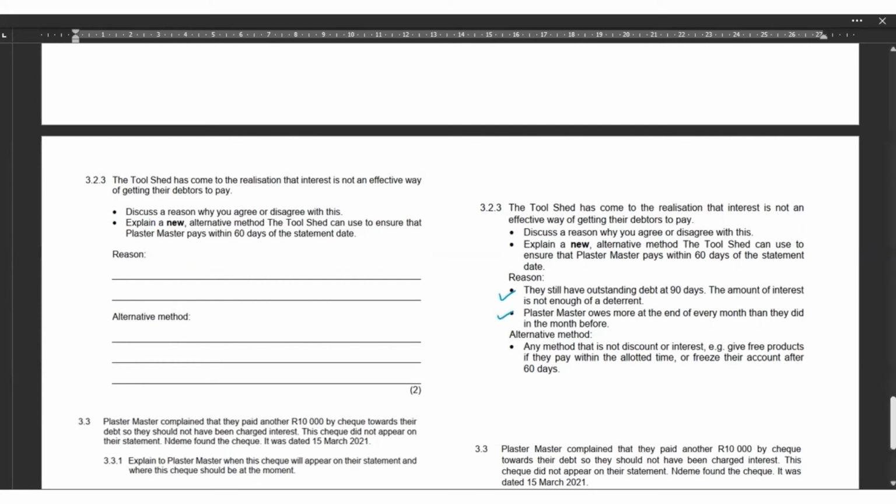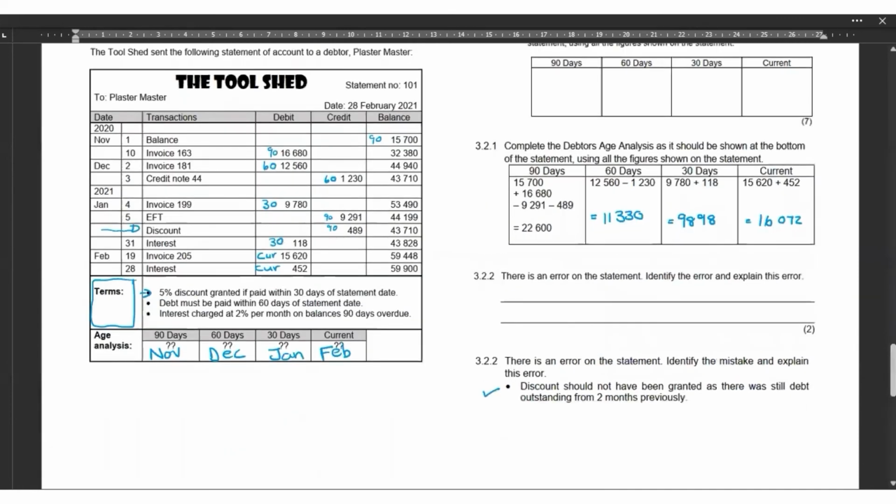Alternative methods. Now, there are many alternative methods. Clearly, interest and discounts, which they've put already in their terms, are not working. So something drastic, we could say, well, if you get to 60 days and you're not up to date, we're going to cut you off. We're going to freeze your account. That's one. Another one that was suggested in this memo is that if you pay before your terms, so before your 60 days, you can have free goods.